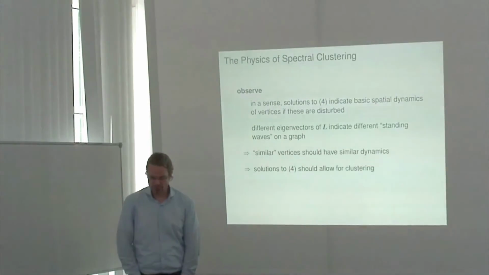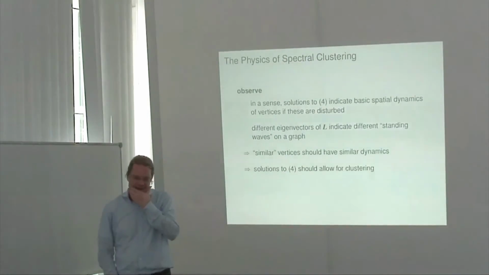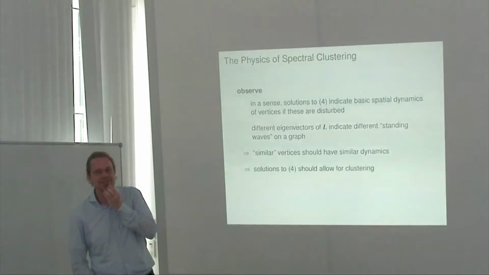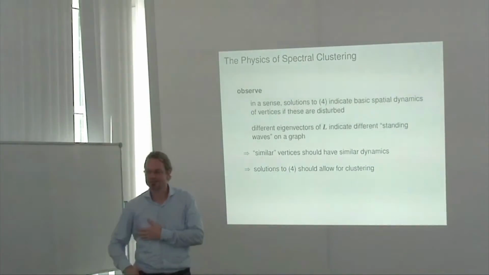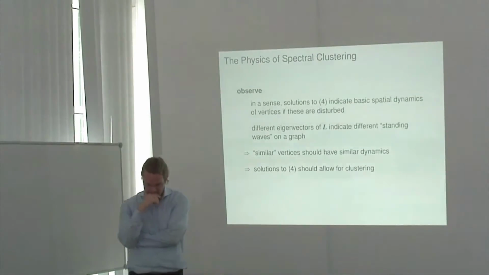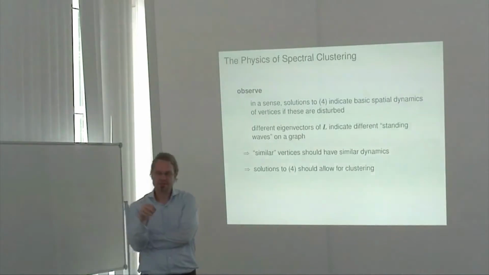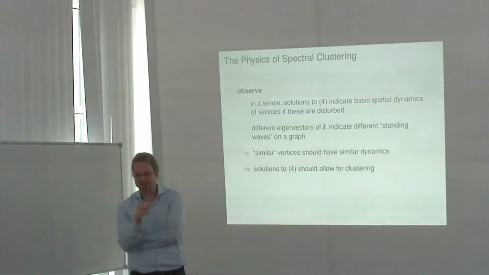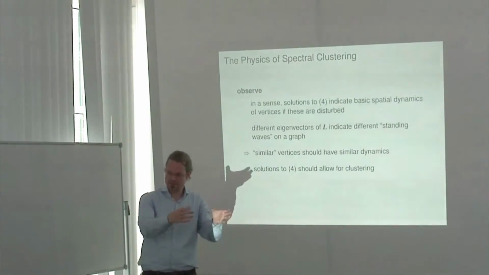Now, for those of you who've been with me in the last semester, I'm looking at you, when we did spectral clustering and I said, let's look at the Fiedler vector, which is a name for the eigenvector of the graph Laplacian that belongs to the second smallest eigenvalue. And I said, the entries of the Fiedler vector indicate whether or not a vertex in a graph belongs to one cluster or the other.